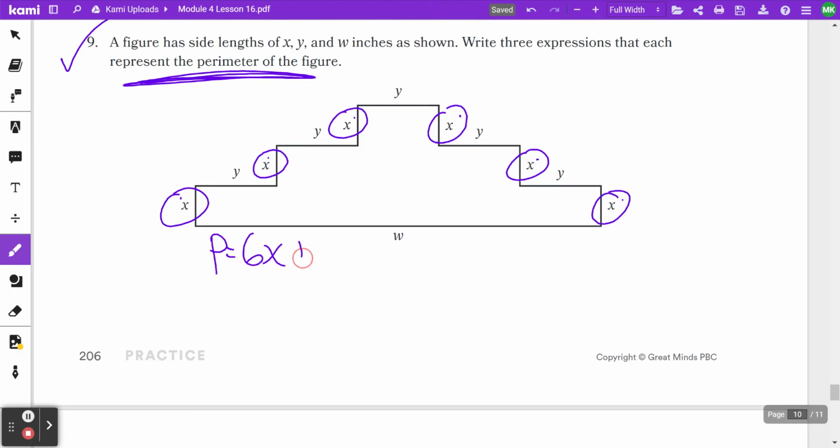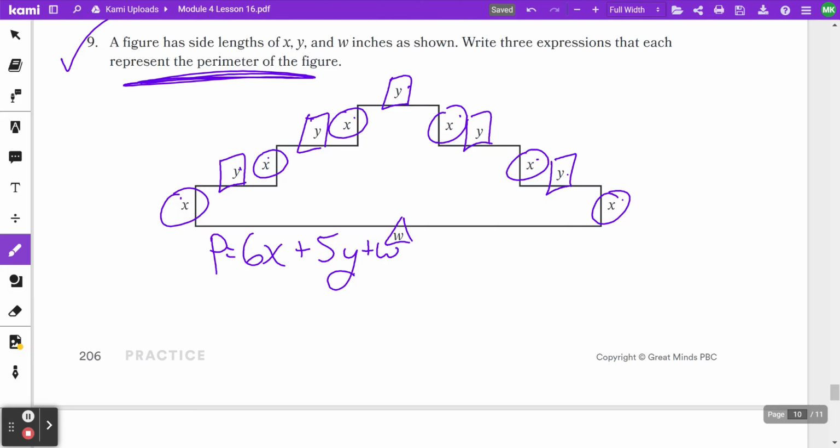And everything's addition with perimeter, right? We're adding everything. The y's, how about I put a box around the y's? These are all the same size, these y's. 1, 2, 3, 4, 5. 5y. And then don't forget the w that's right there. I'll put a plus that w. He's the only one, so he stays just like that.